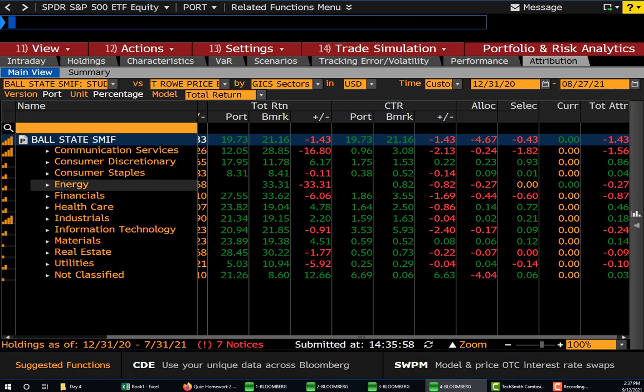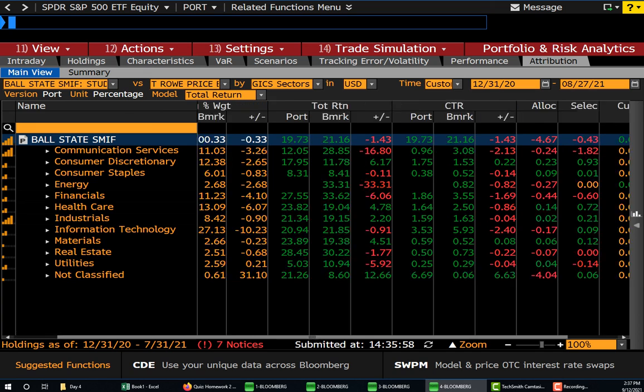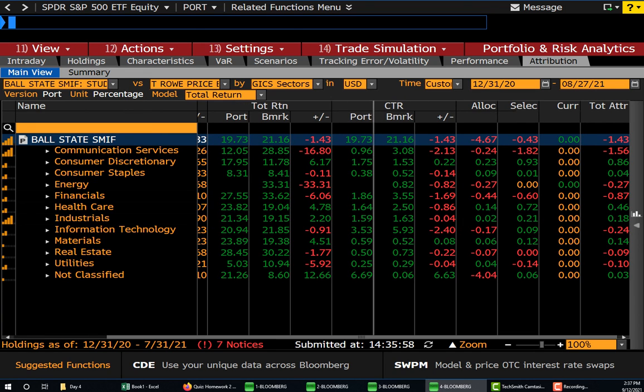So even inside those different industries, or these sectors, they underperformed by about 43 basis points over this time period. So not ideal, but hey, that's just kind of unfortunate. So that's that.